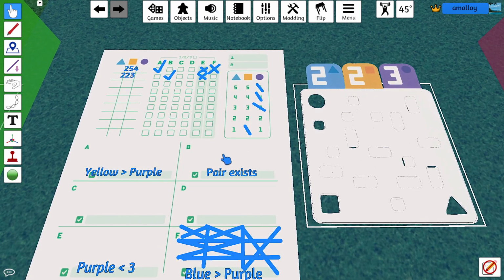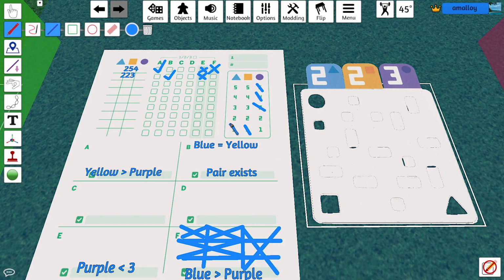And so therefore, this is saying purple is not the same as either of the other numbers. So blue equals yellow. Okay, well, I can cross that out then.